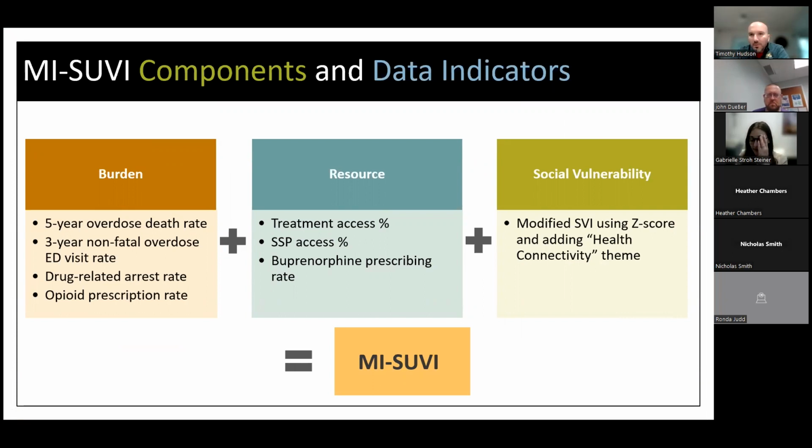I hope I'm not giving you guys whiplash flipping through these slides, but the burden category looks at death data from death certificates, and then non-fatal overdose data from the ED, along with arrest rates and opioid prescribing rates. But then our resources do take into account the percent of the population that is within a 15-minute drive of an SSP. So we do have some SSP data in there as well, along with some other indicators you can see on this slide.